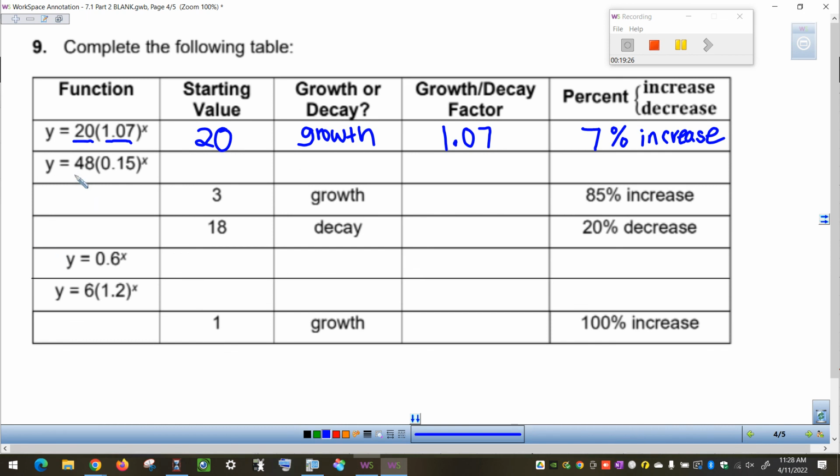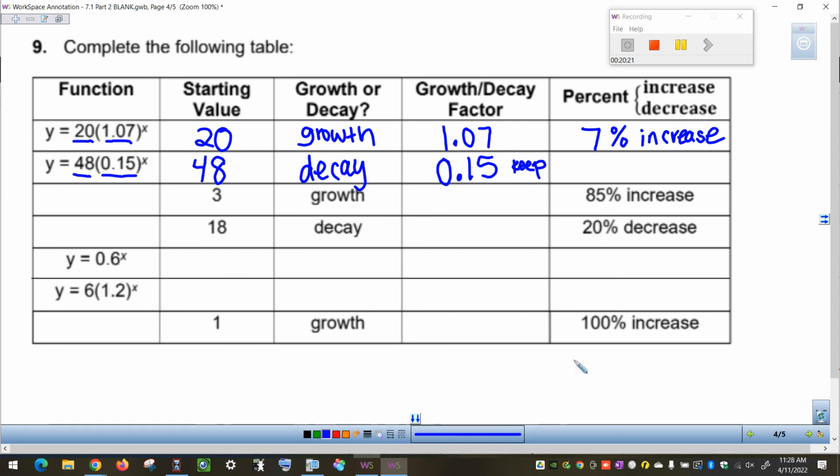All right, let's take a look here at the next one. So this one has a starting value of 48. And it looks like we're continually multiplying by 0.15, which is a value that's less than 1, and so that means that this is going to be decay. The decay factor is the exact number that we have in the equation, so that is 0.15. And what we have in the equation, that's always the amount that we're keeping.